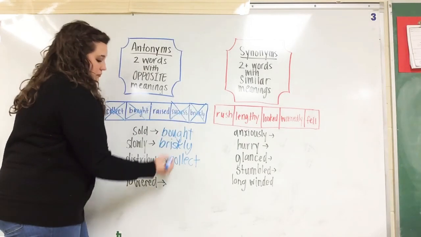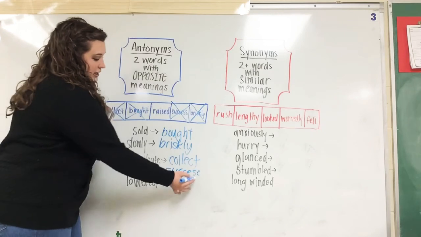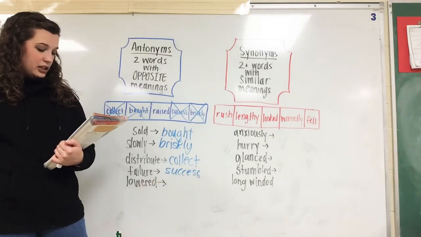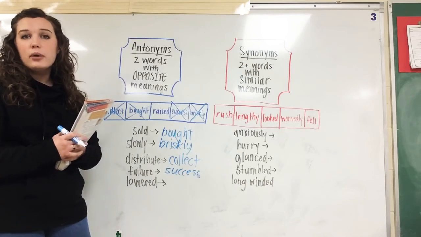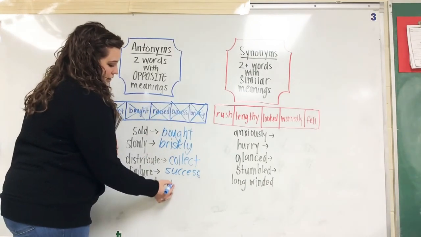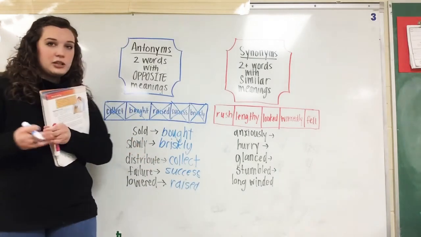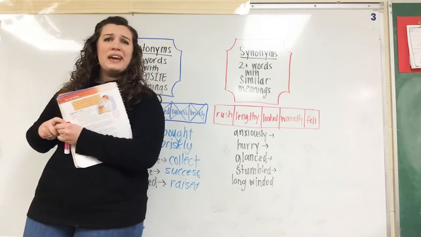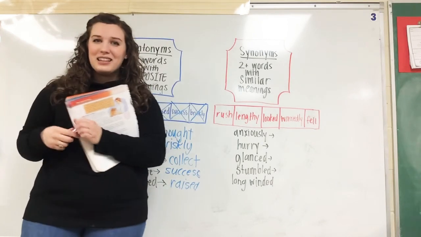Success, very good. And finally, Beanie looked at Frighter with lowered eyebrows. What is the opposite or the antonym of lowered? Raised. Very good. Raised. Okay. So it's really not difficult. Opposites are pretty simple. You guys learned opposites way back in kindergarten. I know you did. I know for a fact because I taught them last year.